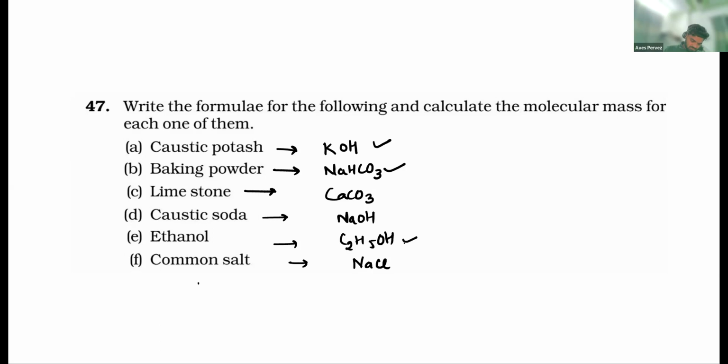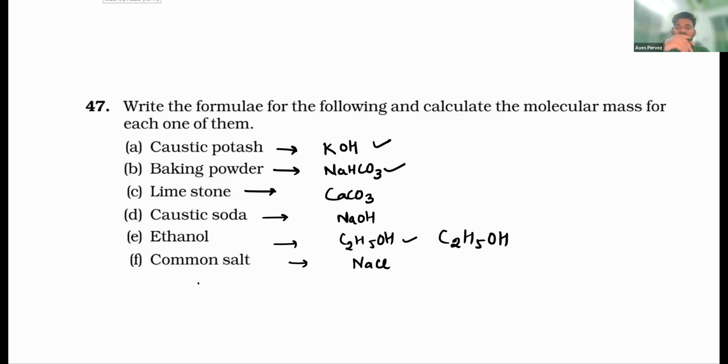Sir, what's written after C2H in the E part? Ethanol is C2H5OH. So for baking soda, do we take oxygen 3 times or only once?